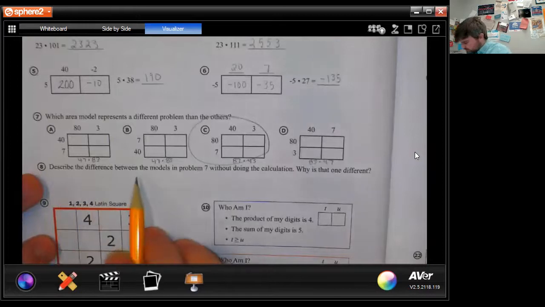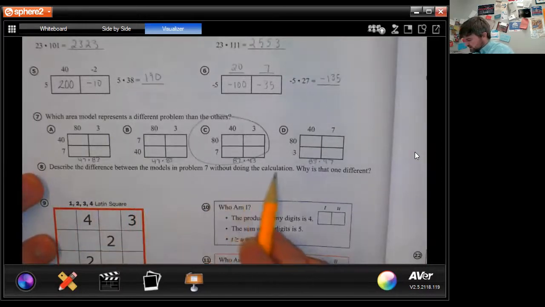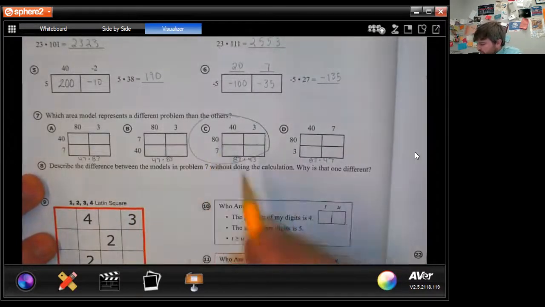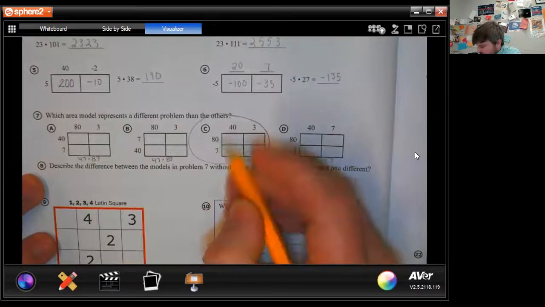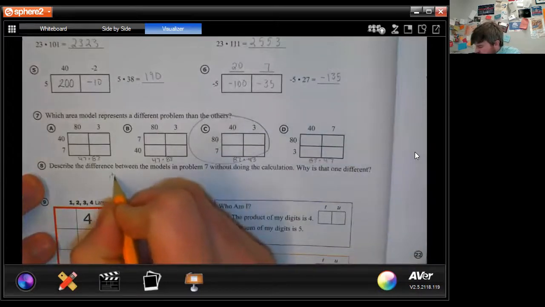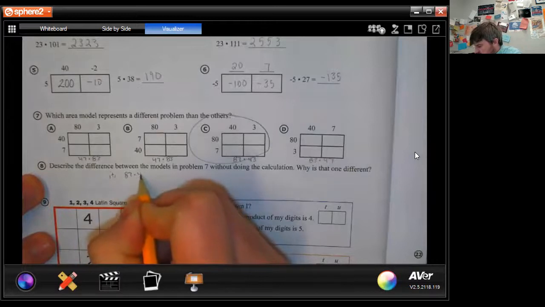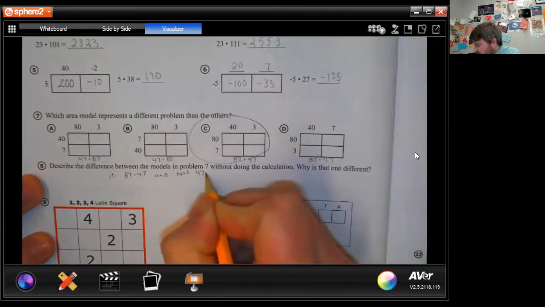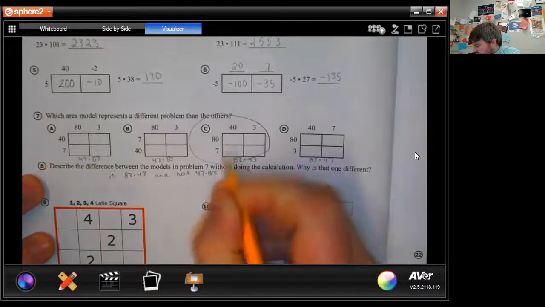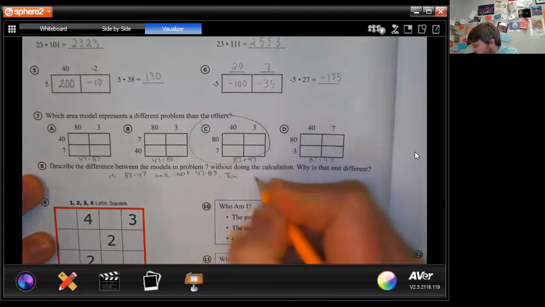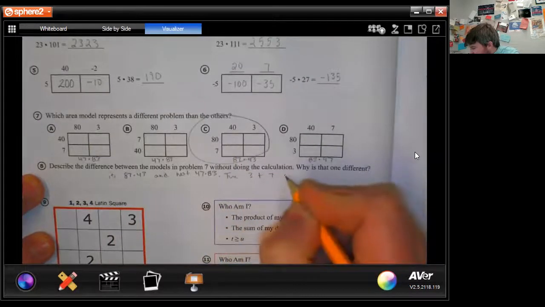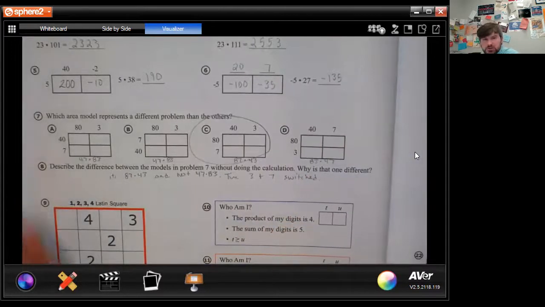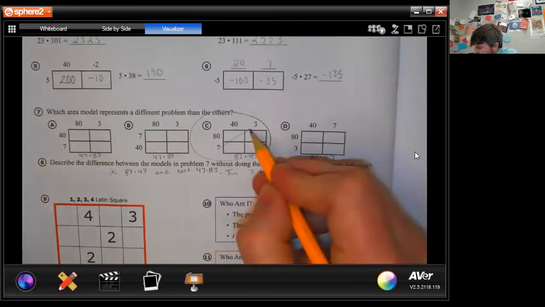Describe the difference between the models and problem 7 without doing the calculation. Why is this one different? It's different because they mispaired the numbers. It's 87 times 43 and not 47 times 83. The 3 and 7 switched. These two need to switch spots.